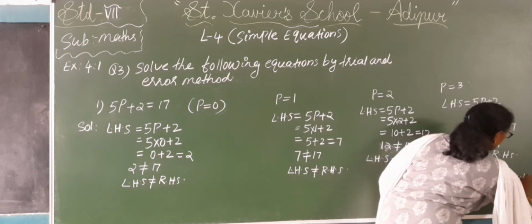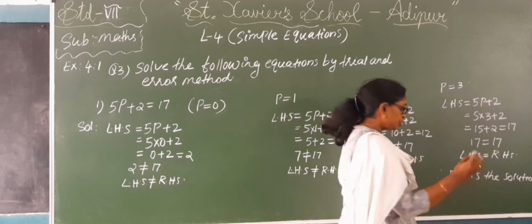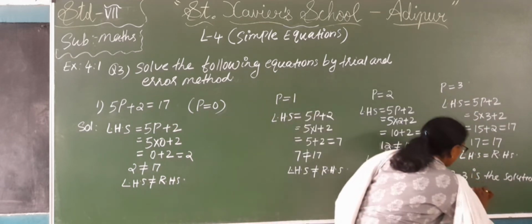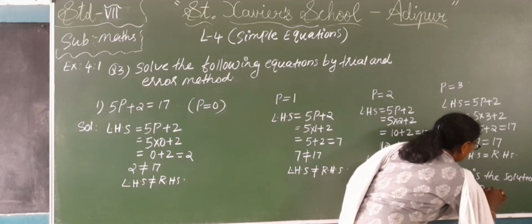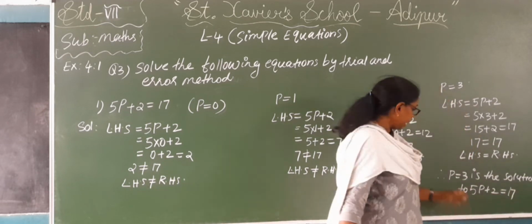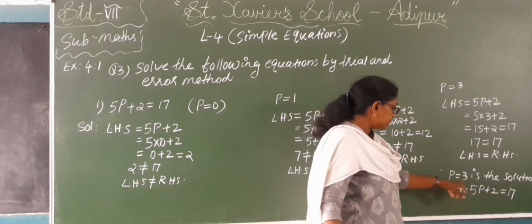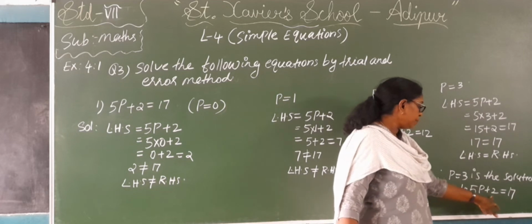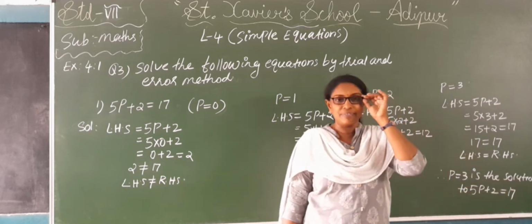Okay, is the solution to what equation? 5p plus 2 is equal to 17. The value of p equal to 3 is the solution to 5p plus 2 is equal to 17.